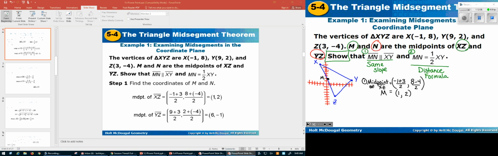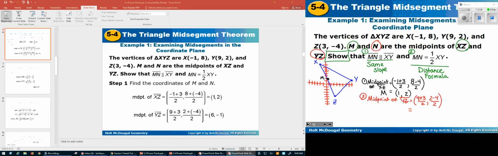And now we're going to do the same thing to find N. So second thing we're going to do is find the midpoint of YZ. So using our formula and using the coordinates for Y and Z, I'm going to add 9 plus 3, divide by 2, and then 2 plus a -4, or 2 minus 4, and divide by 2.